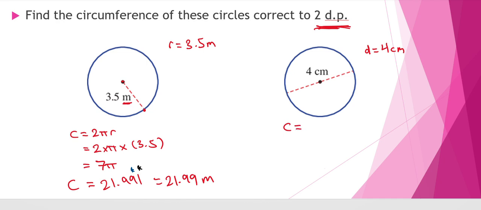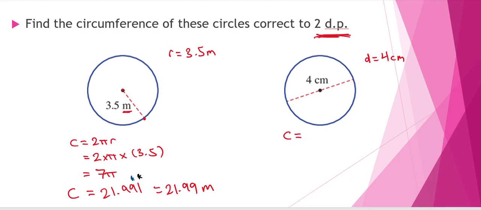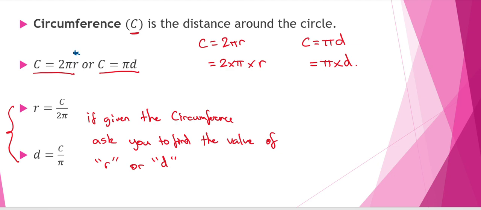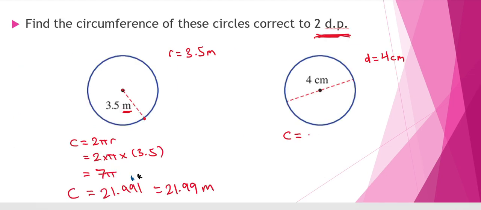So now my formula for diameter is going to be C is equal to pi d. So C is equal to pi times d, or I'll just write pi d first, and then I can substitute my values in. So if d is equal to 4, I'm going to replace the letter d with the number 4 instead.